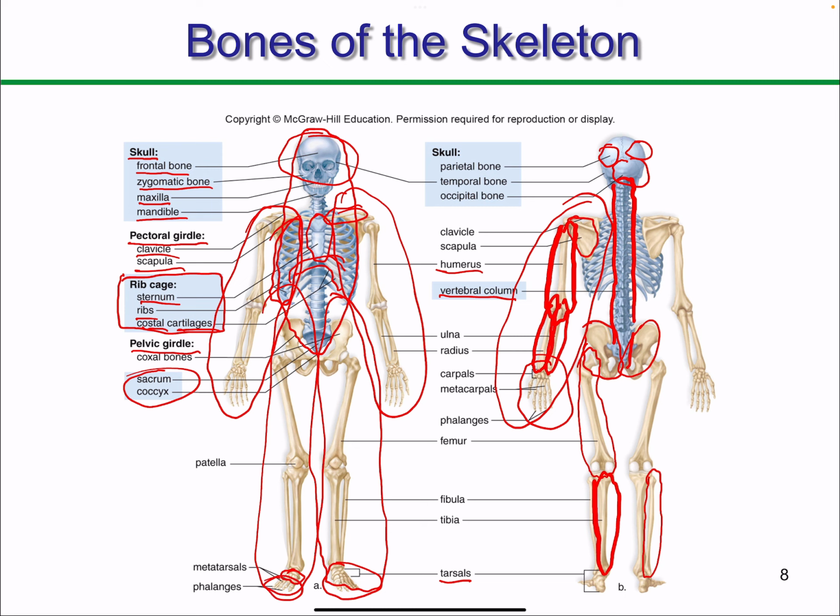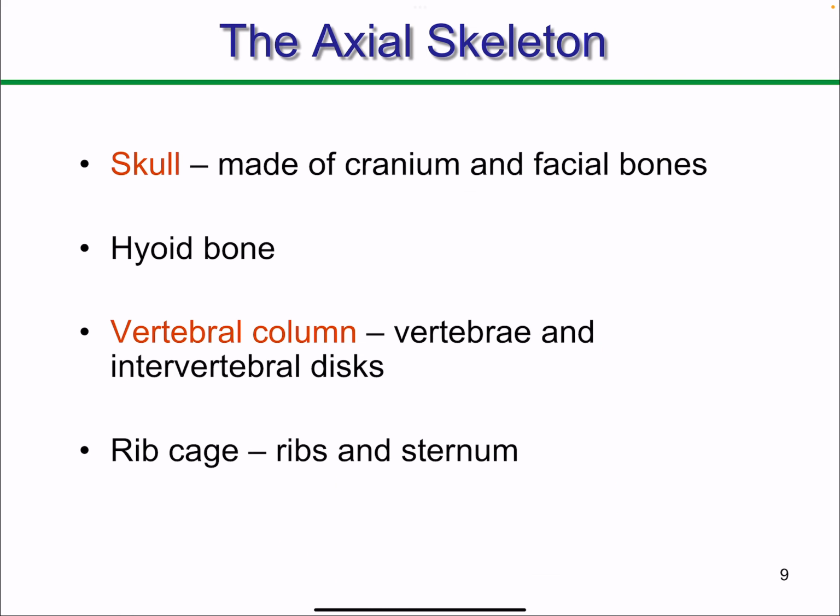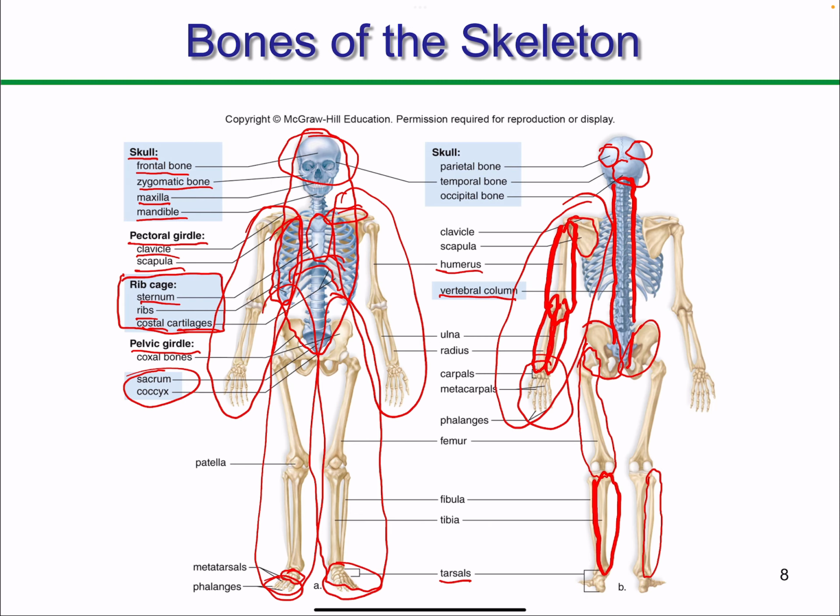Now, this was a little bit fast in telling you about all the bones in the body. But we are going to split this skeleton into small parts, and we are going to go part by part. Now, the skull is made up of the cranium and the facial bones. Now, if I go back here, you are going to see right here the cranium and the facial bones.